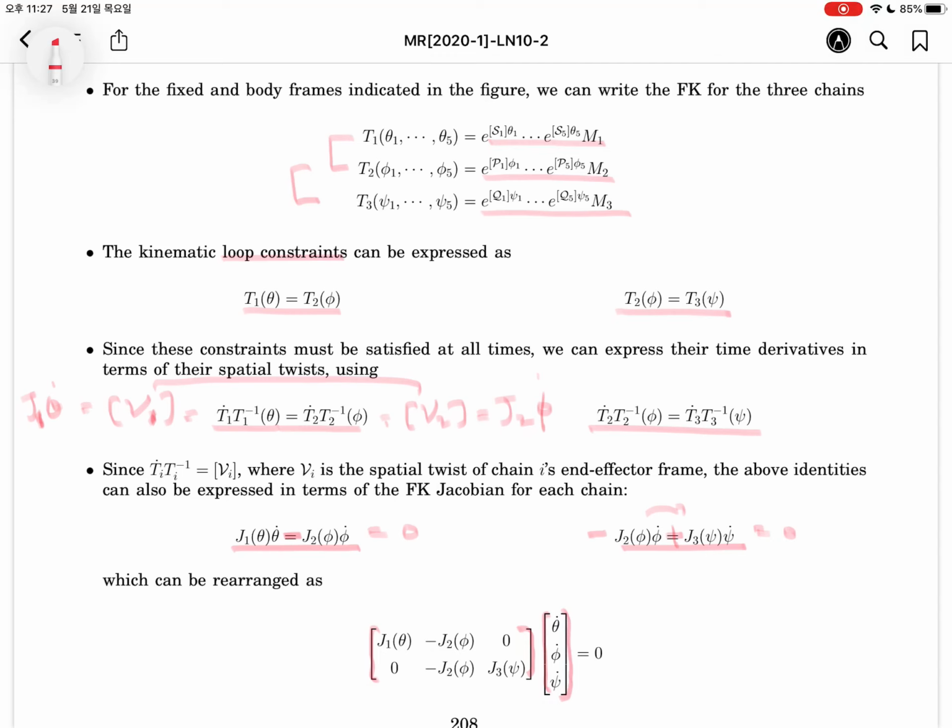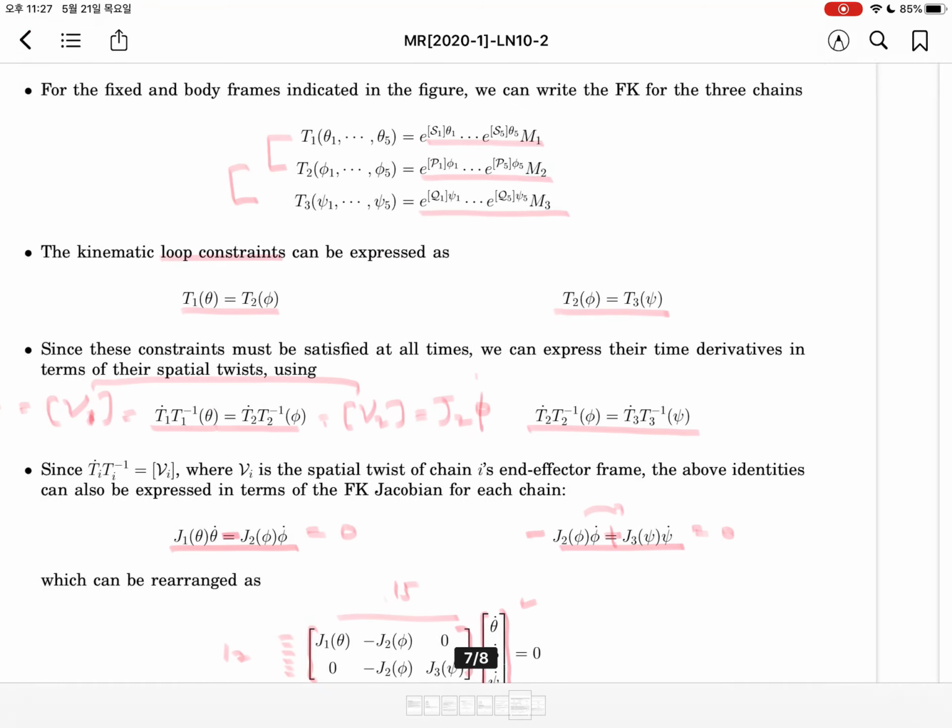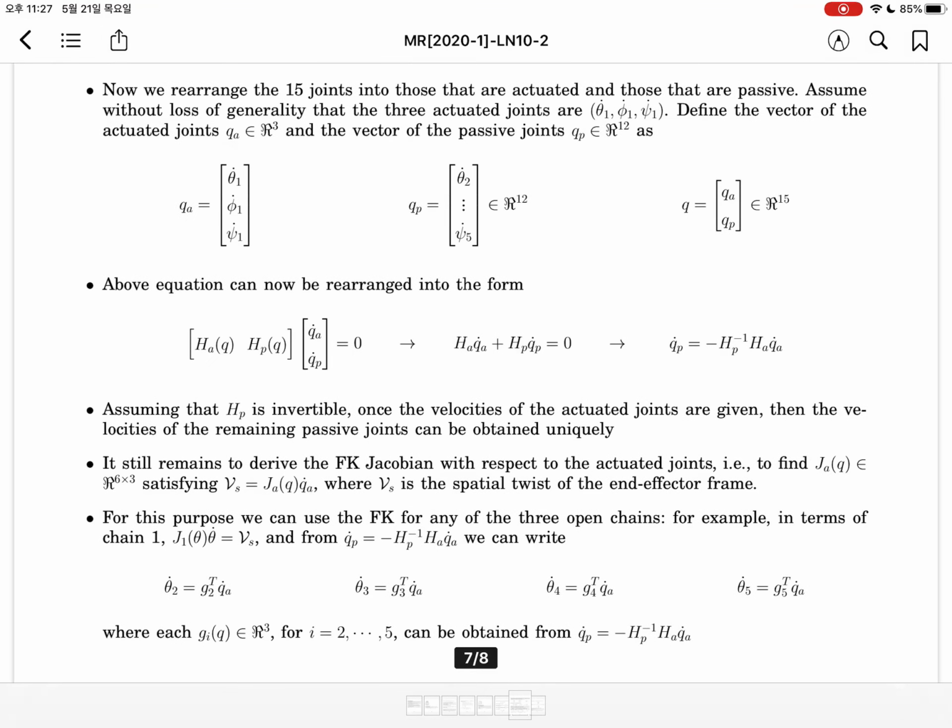Maybe this matrix is very big because the number of rows will be 12 and the number of columns will be 15, because we have 15 variables. In the 15 variables, only 3 variables will be activated using electric motors or some actuators.